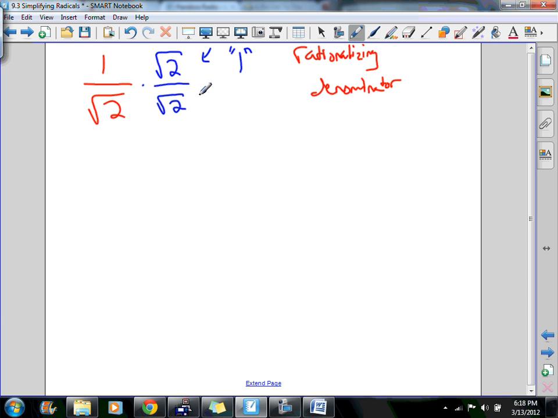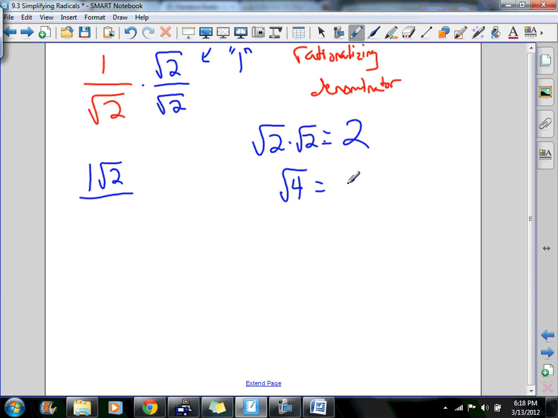Now, if we multiply by the square root of 2 over the square root of 2, we would get 1 times the square root of 2 on the top, and on the bottom, we would get the square root of 2 times the square root of 2, which would be equal to 2, or the square root of 4, which is 2.